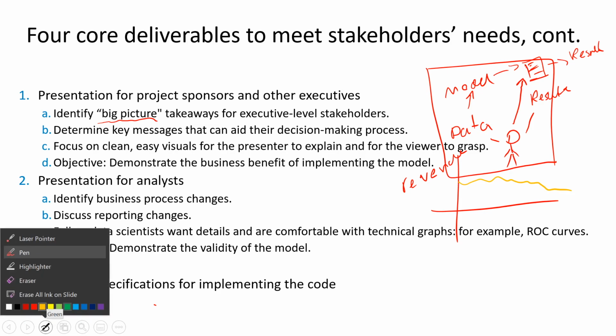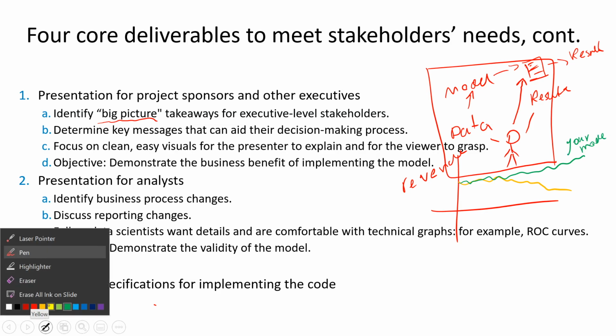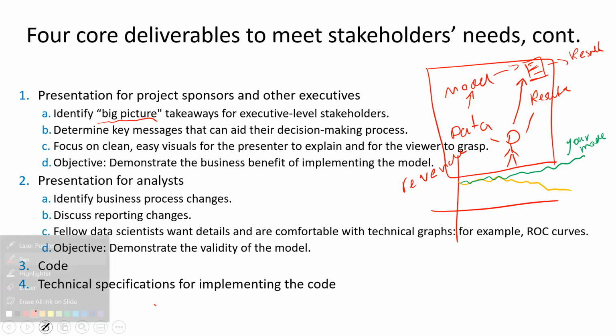If you need to convince those people that if they have started using your software, then their revenue would have been something like this, you know. So this is your model. This is their current business process.